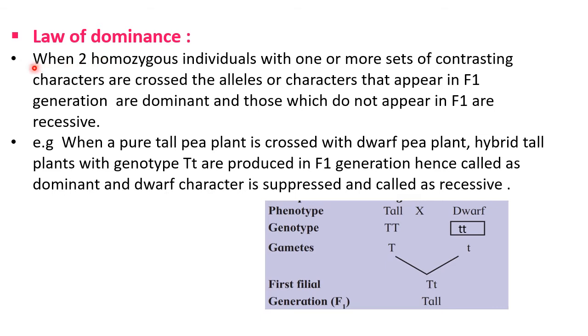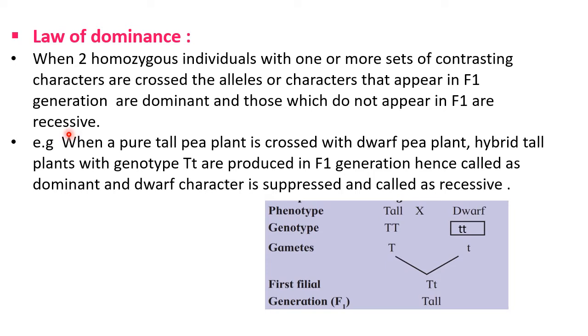The law states that when two homozygous individuals with one or more sets or pairs of contrasting characters are crossed, the alleles or characters that appear in F1 generation are dominant, and those which do not appear in F1 generation are called recessive.